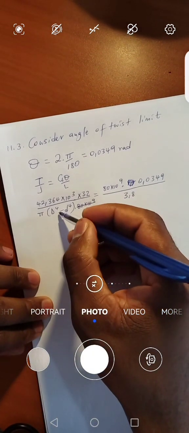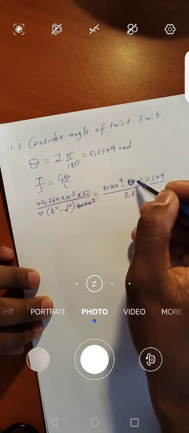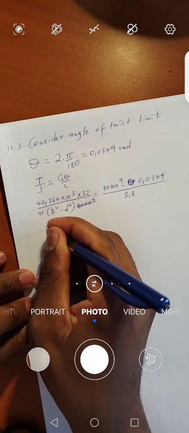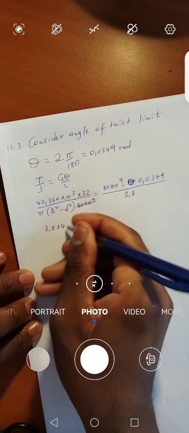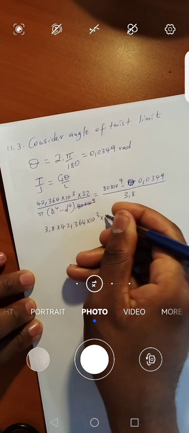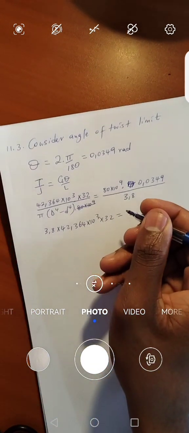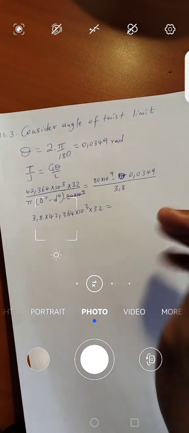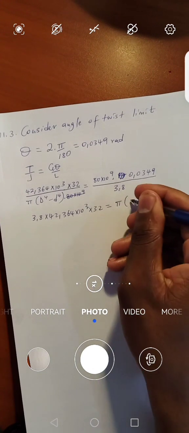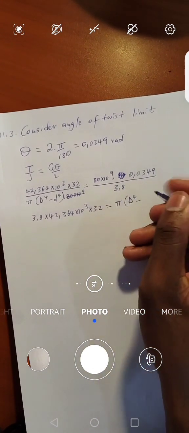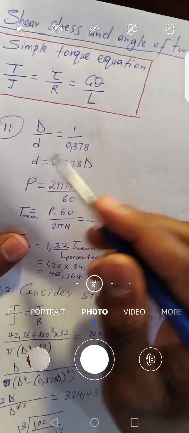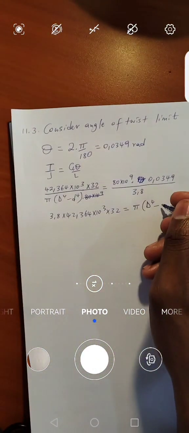Okay, let's multiply this by this, this by this. Then you will have 3.8 by 42.364 equals to this by this pi. A small d, remember small d equals to this.